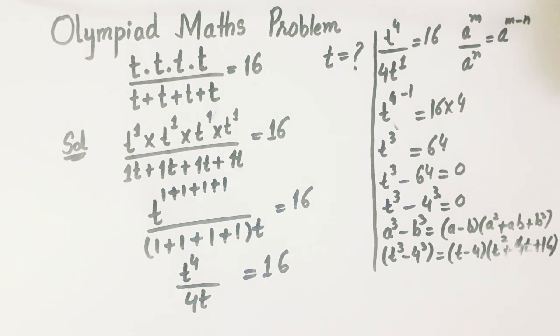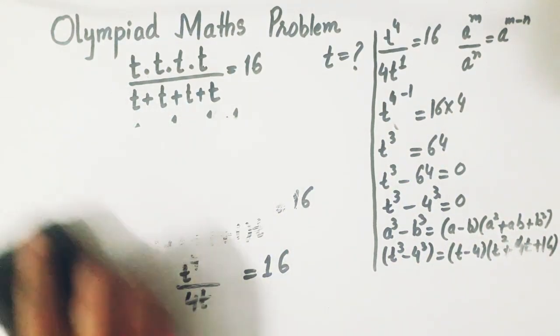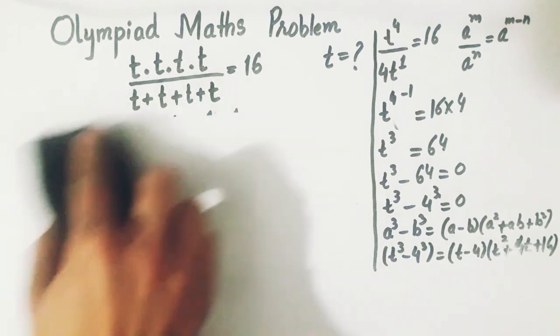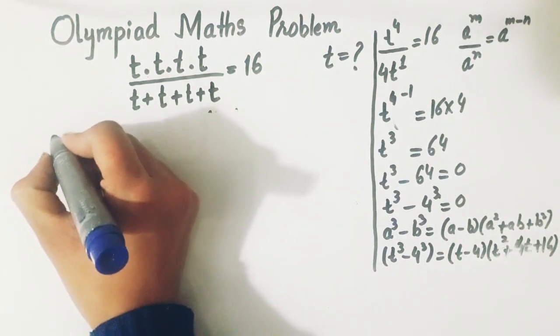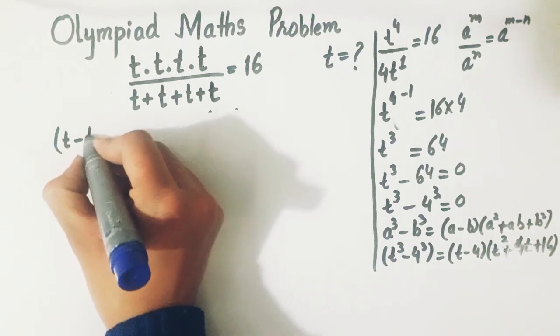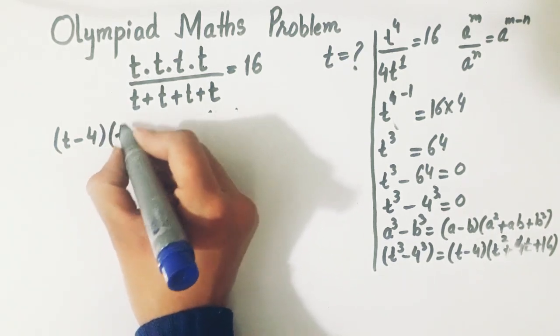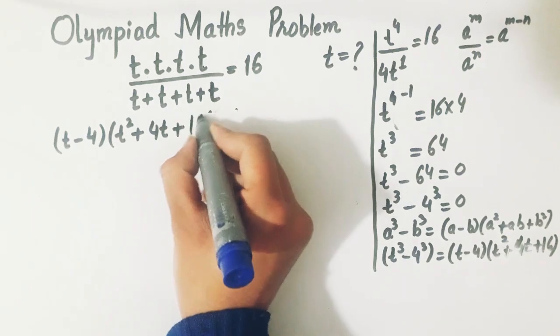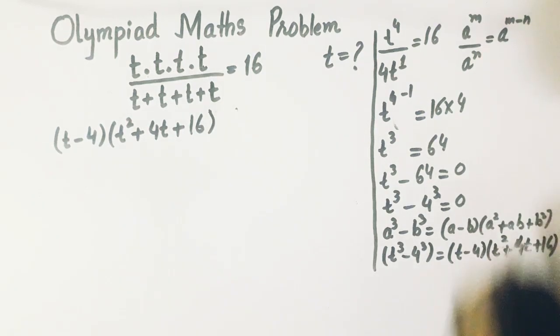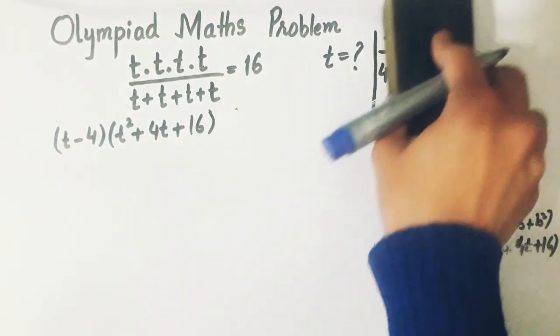So we will write the values here. According to that, we get t minus 4 into t square plus 4t plus 16, and this will equal 0.